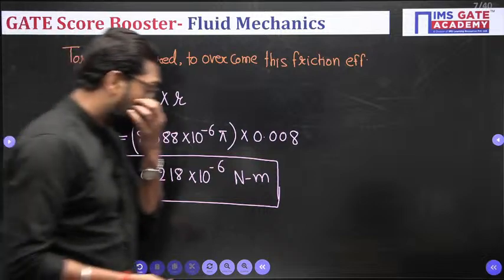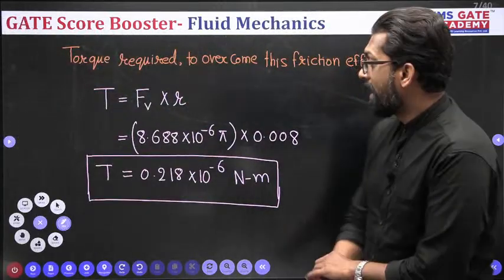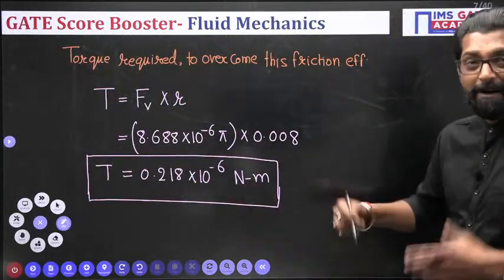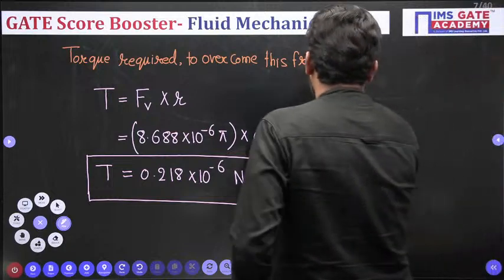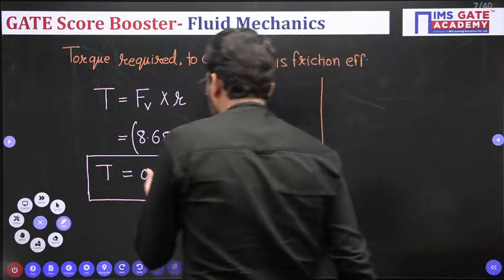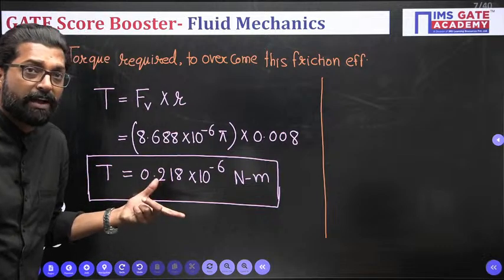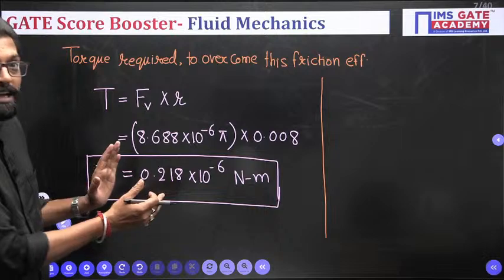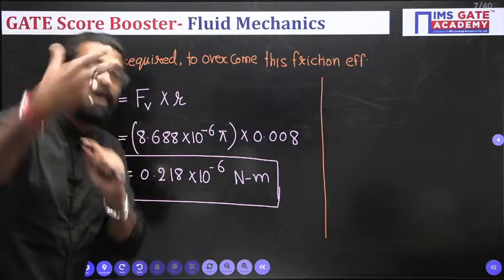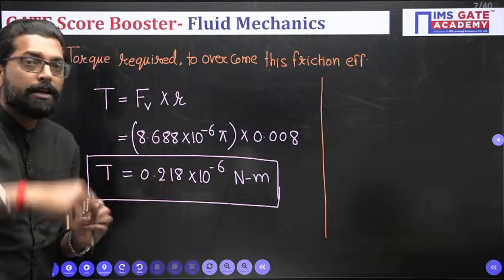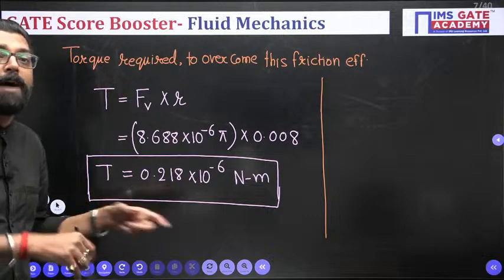Now, how to find this power? If you want the power dissipation, that means this torque is to overcome the frictional effect. What the torque is producing will be overcome due to the frictional effect. So how much is the equivalent power to dissipate?